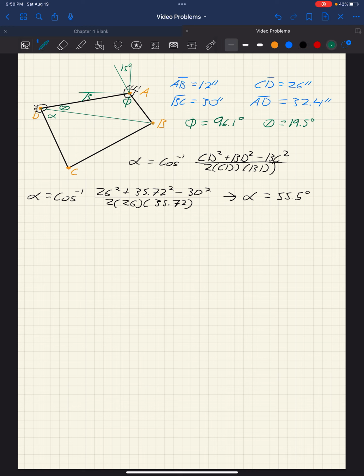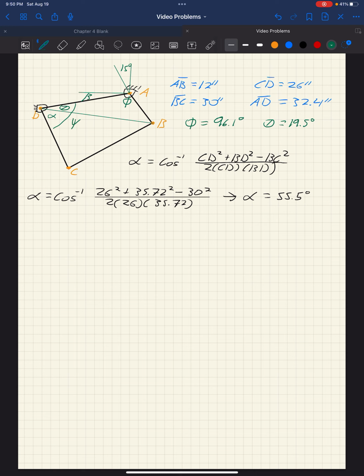And what we're solving for is the orientation of this line CD. So quite simply, this overarching angle, we'll call it psi.